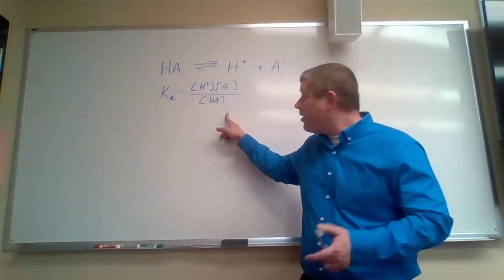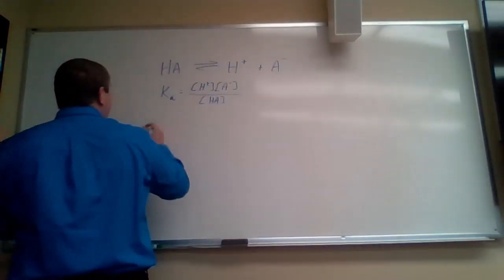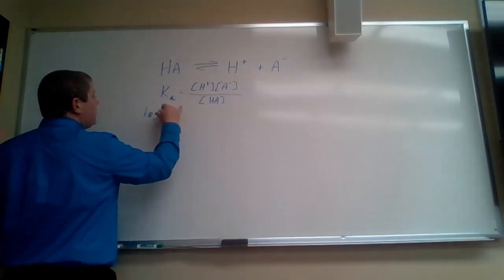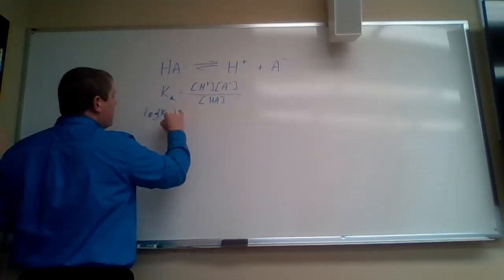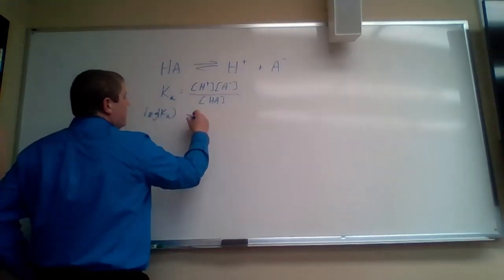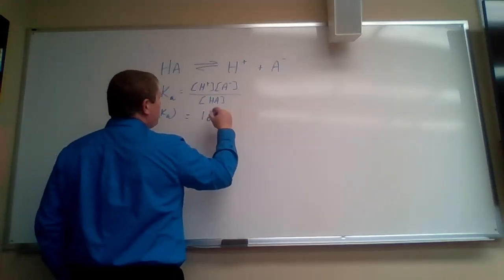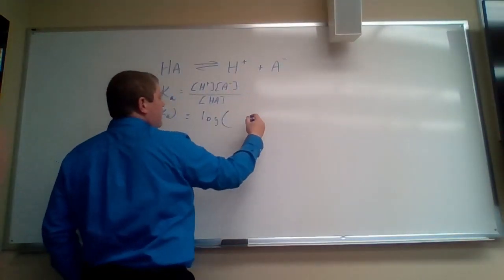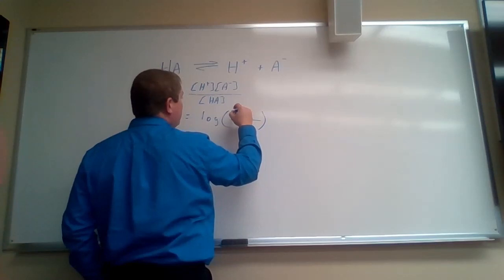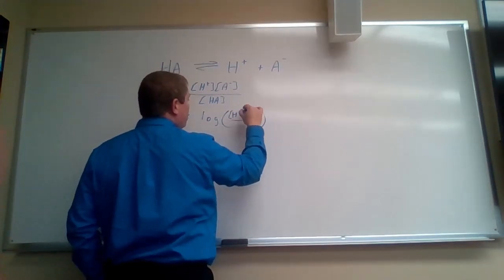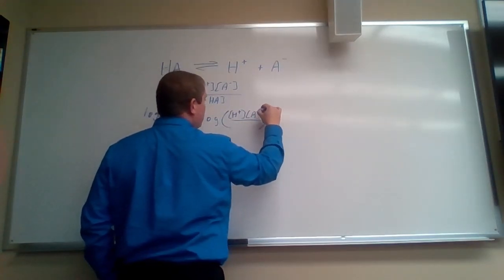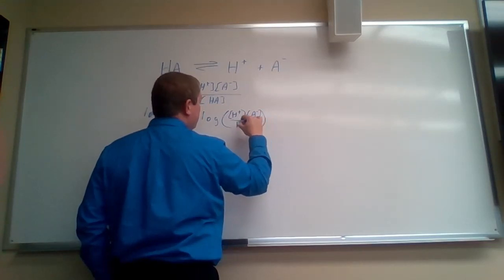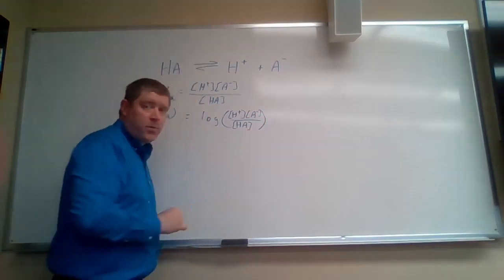Let's then take the logarithm of both sides. So we have log of Ka on the left, and we have log of this whole expression on the right.